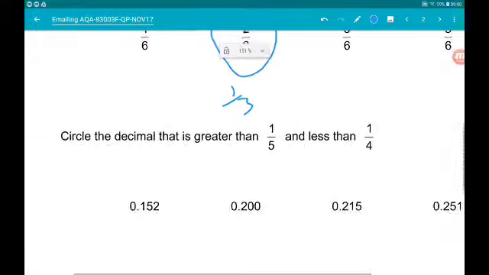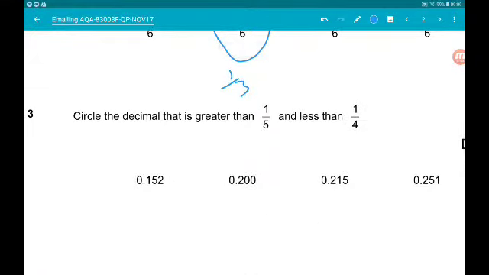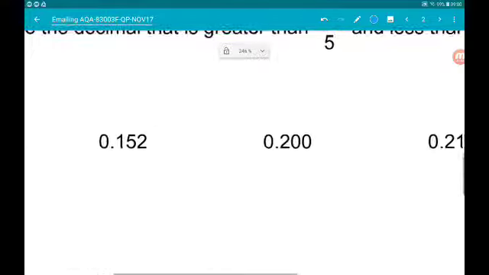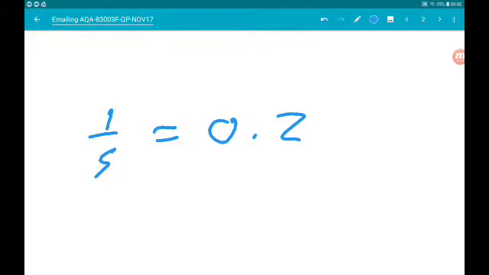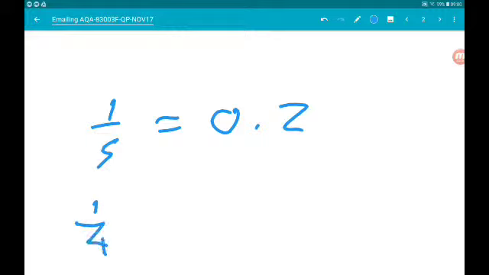Question 3. Circle the decimal that is greater than 1/5 but less than 1/4. Your calculator can help with this. If you put a fraction in and press equals, it will probably give you a fraction. Press the S-D button and it turns it into a decimal. So 1/5 is 0.2, 1/4 is 0.25.